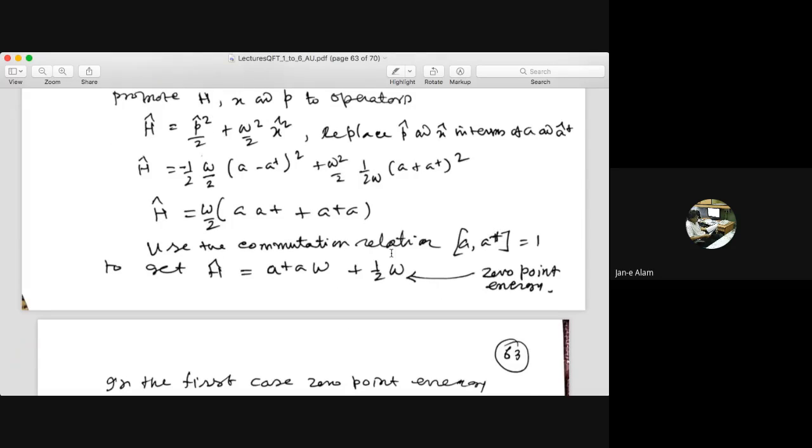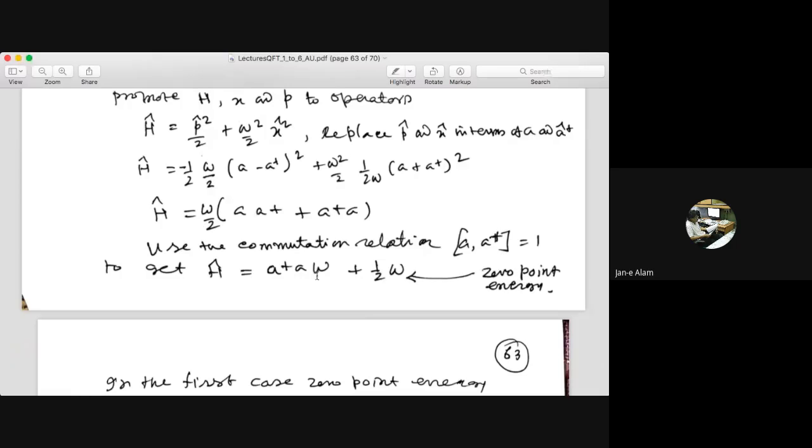Now I know that a and a dagger satisfy a commutation relation. This is the commutation relation. So I can write a a dagger by using this commutation relation. So if you have h bar, then you get h bar omega N plus h bar omega by 2.